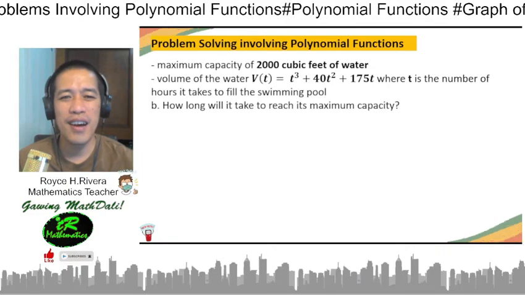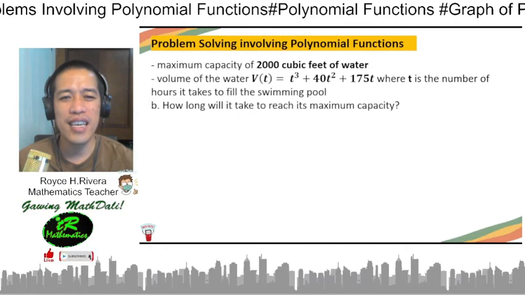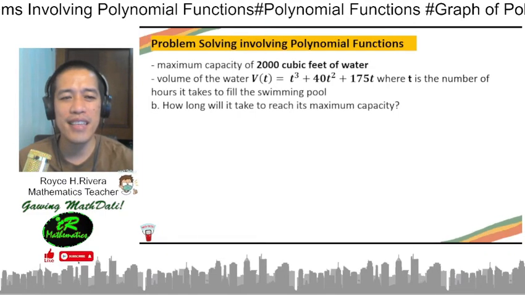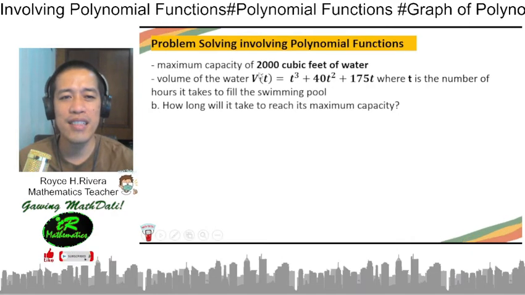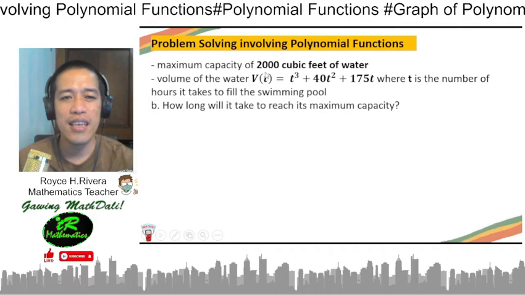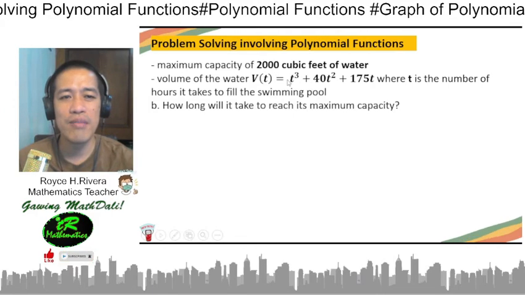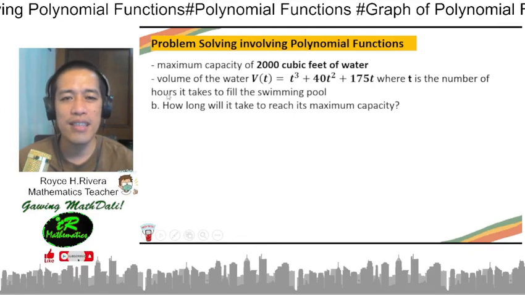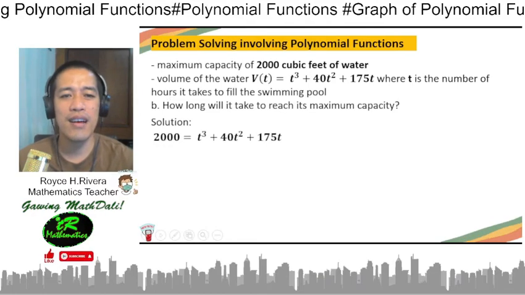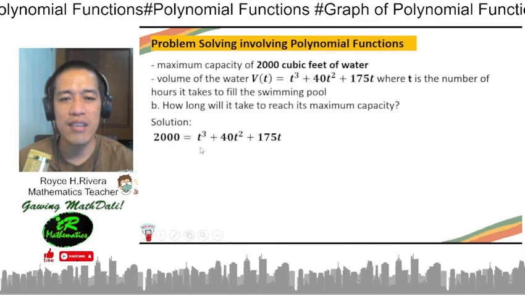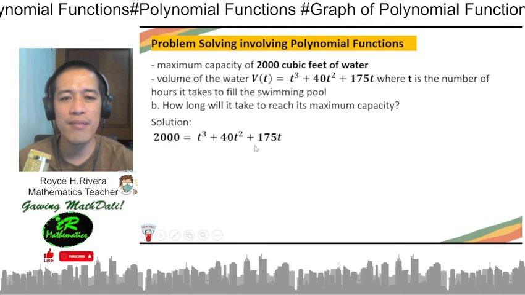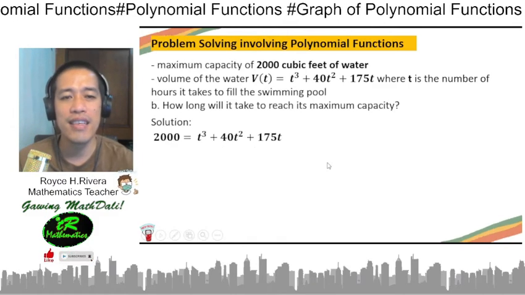Question letter B: how long will it take to reach its maximum capacity? From the given, we all know that the maximum capacity of the new swimming pool is 2,000 cubic feet. So by substitution, we will have the equation 2,000 equals t raised to 3 plus 40t squared plus 175t.